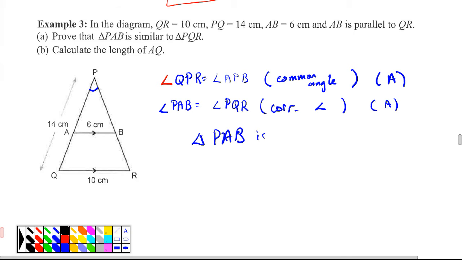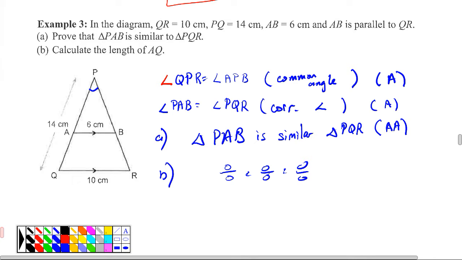Let's do that again. Now, similar, whenever I want to find length, it's always using the 3 ratio. Can you write the 3 ratio? 3 ratio means something over something equals something over something equals something over something.